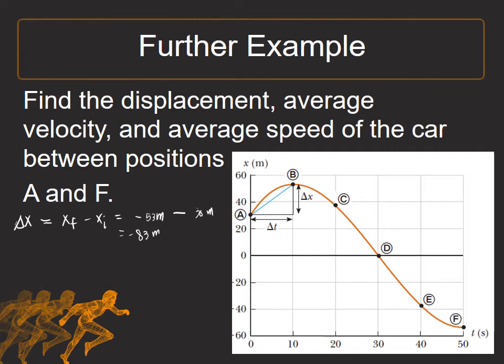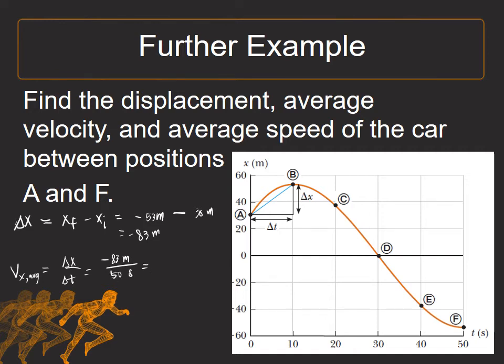This is the displacement. And if you want to find the average velocity, it is simply the displacement all over the time interval. Na-compute na natin yung displacement, so automatically negative 83 meters yan. And the time interval between point A to point F is 0 to 50, so that is 50 seconds.